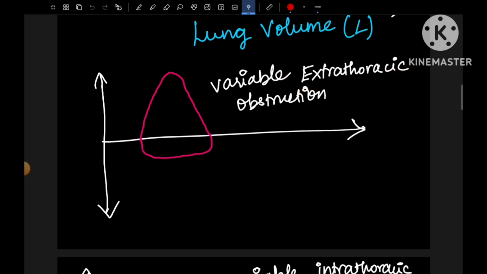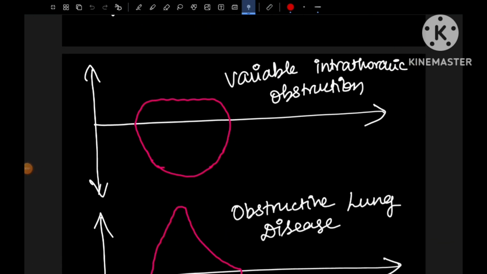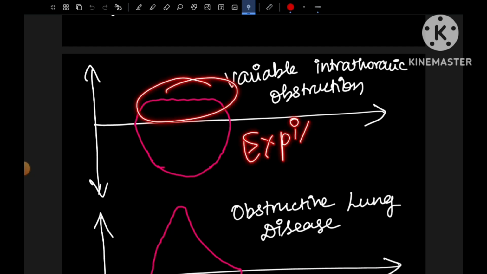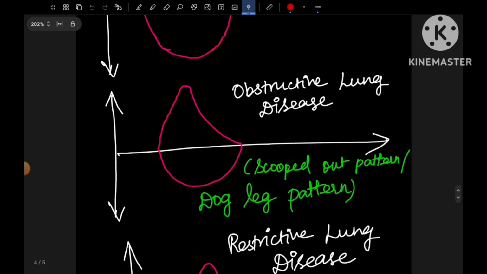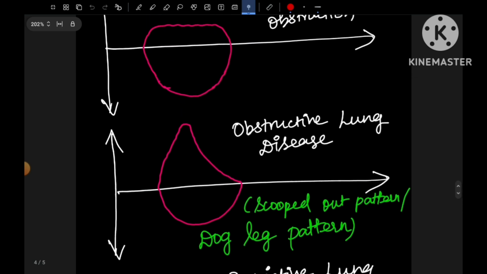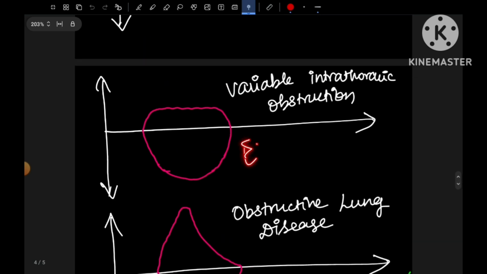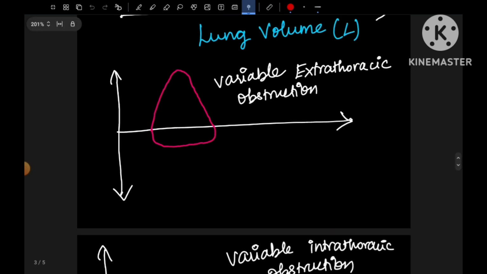It's variable extrathoracic obstruction. Here you can see that the expiration is abnormal, so that denotes variable intrathoracic obstruction. Just remember it is opposite. Expiration abnormal means intrathoracic obstruction is there, and inspiration abnormal means extrathoracic obstruction is there, right?